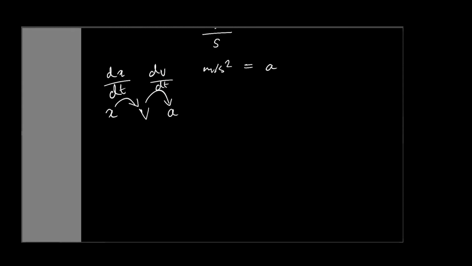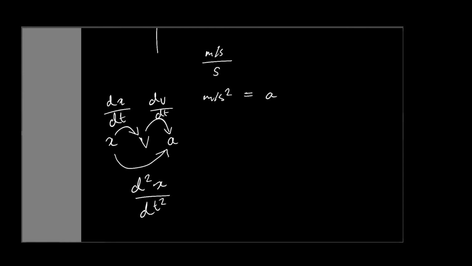But what if I wanted to get from x directly to a? Well, because I'm just taking one derivative and then another derivative, I can take what's called a double derivative of x, where we draw d squared x over dt squared.